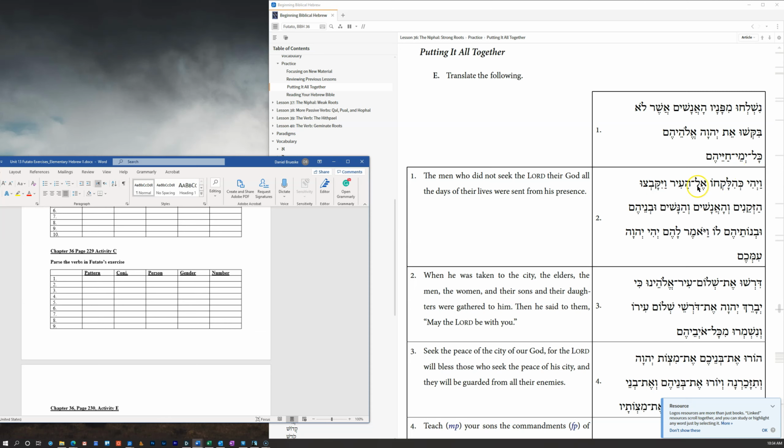So when he was taken to the city, they gathered... Oh, and this is also Niphal, so this is going to be reflexive. So they were gathered together, the elders, the men, the women, their sons and their daughters to him. Then he said to them, may the Lord be with you all.